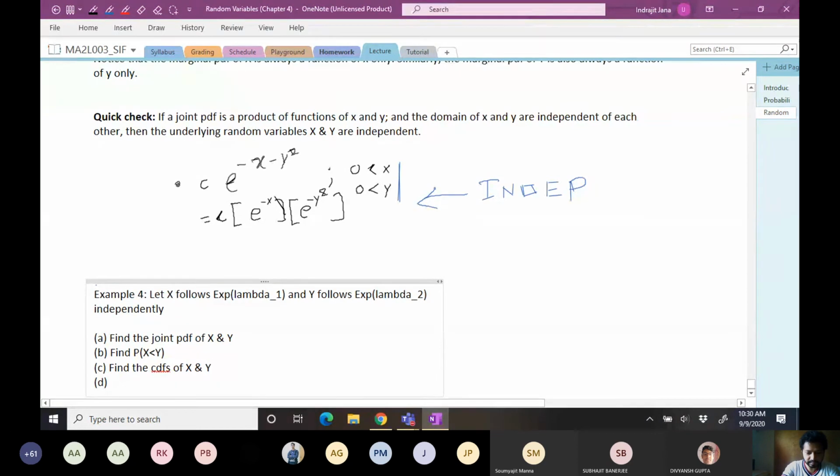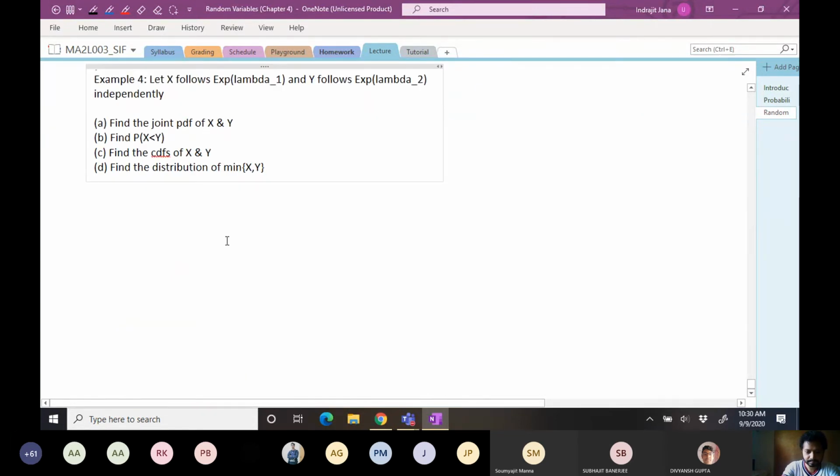And the last one, find the distribution of the minimum of x and y. Okay, so let's begin one by one.